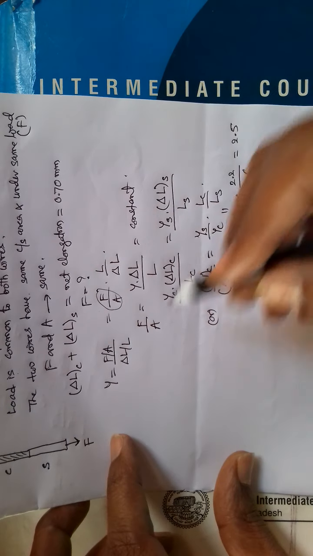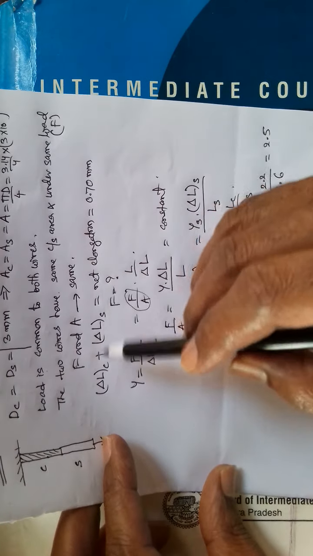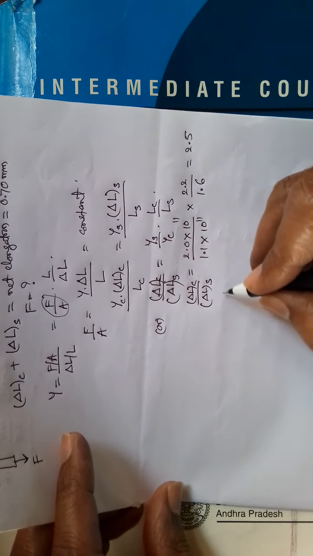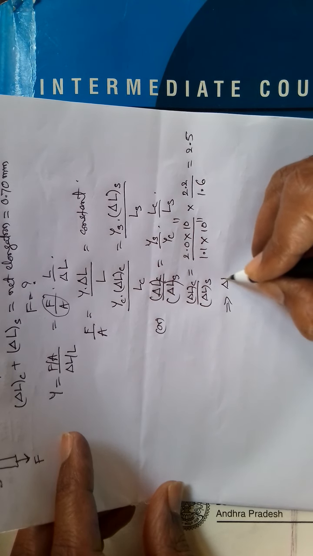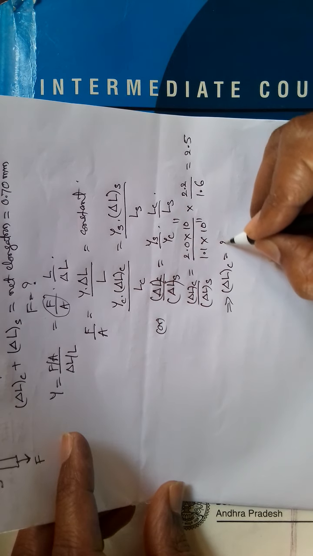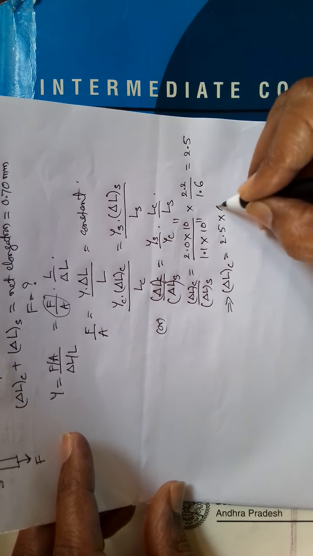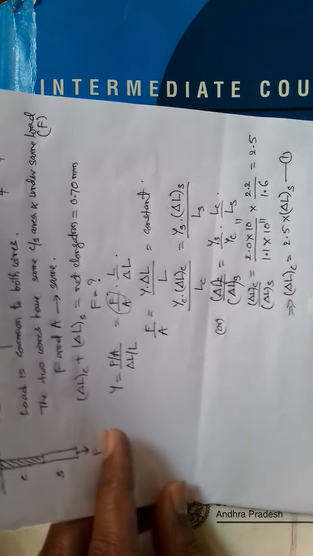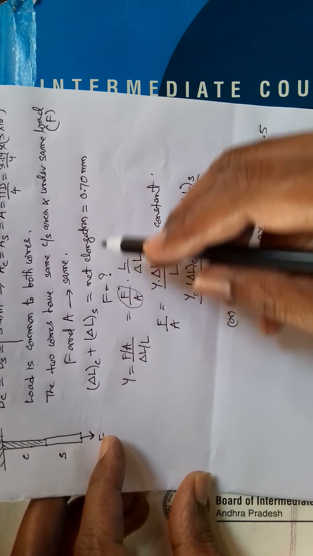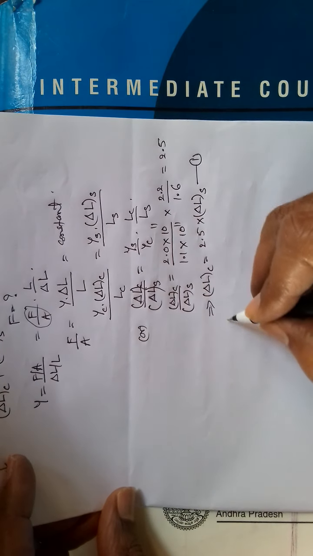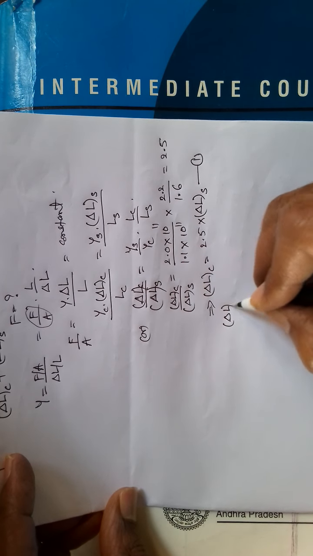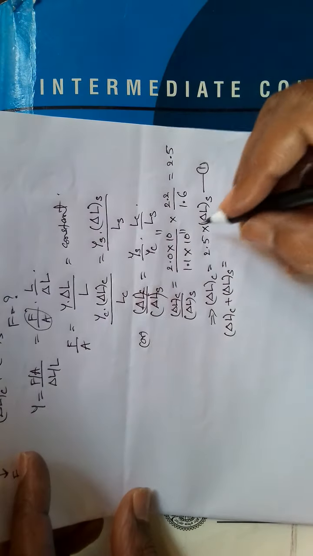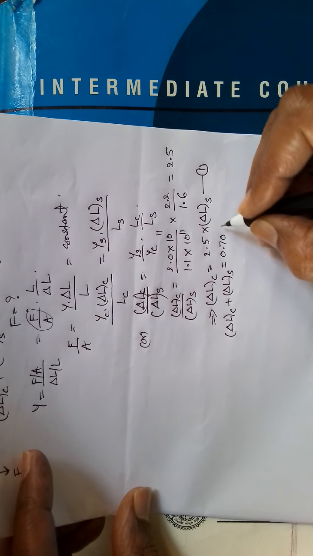Now let us see this net elongation. See, from this you can write delta Lc is equal to 2.5 into delta Ls. Now the net elongation, that is the total elongation, is given here. Delta Lc plus delta Ls is equal to how much? 0.70 mm.